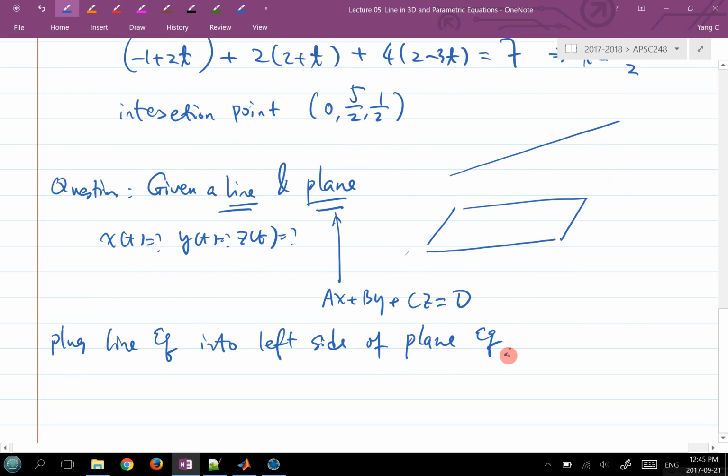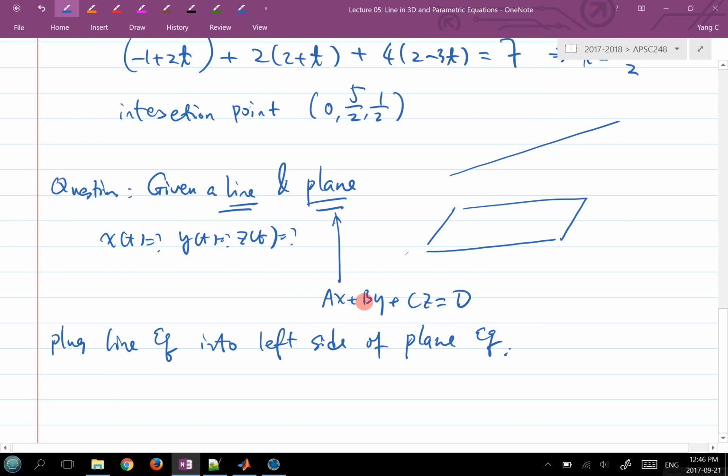So if I plug this line equation, whatever it is, into the left side of the plane equation, I'll give you a few scenarios, and you tell me what the result actually means.